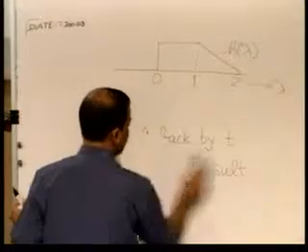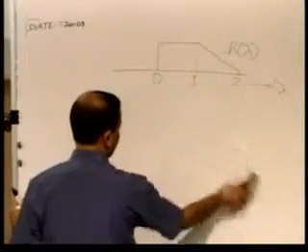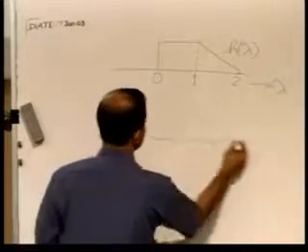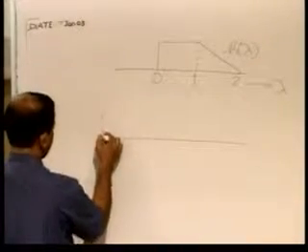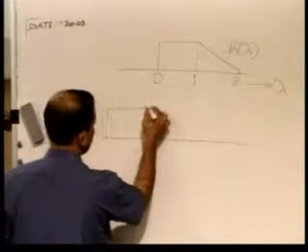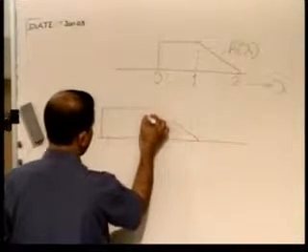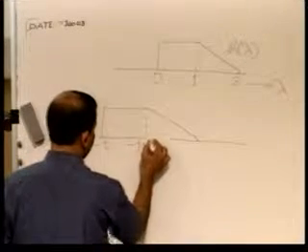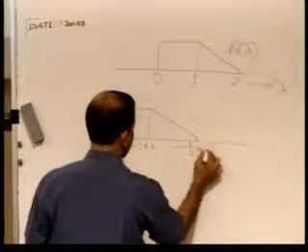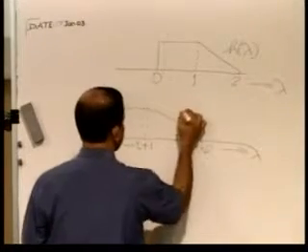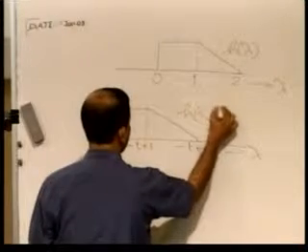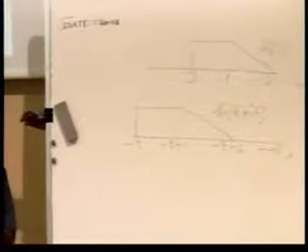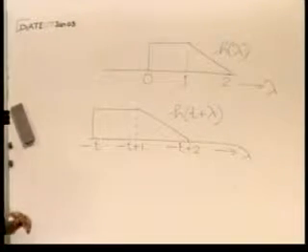So h of t plus lambda will appear this way. And h of t minus lambda here this way.